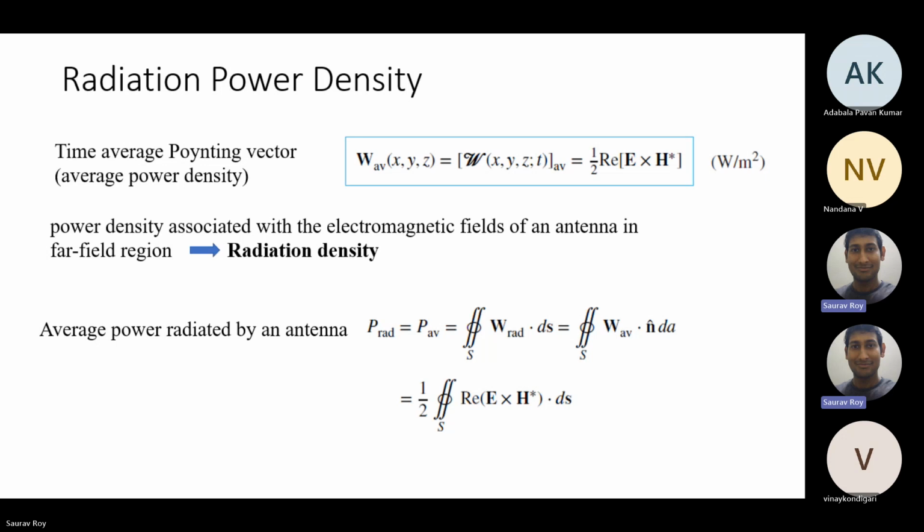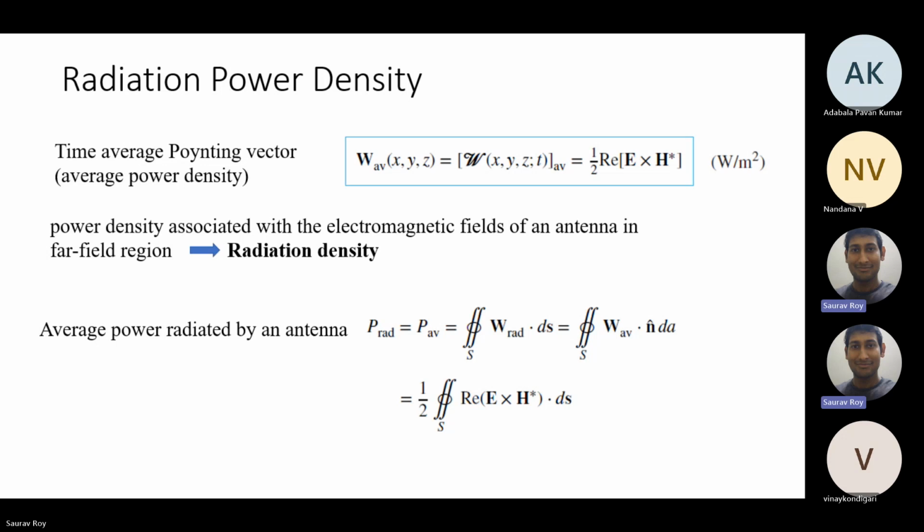If you take out the time, we have the electric and magnetic fields with only the spatial content. That gives the average power density, and the power density with these fields of an antenna is calculated in the far field region. So the concept of radiation density or power density comes only in the far field region.